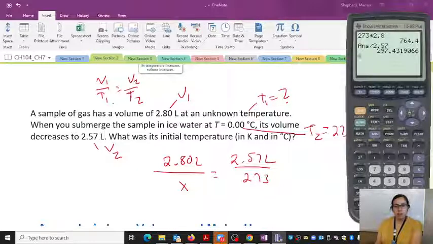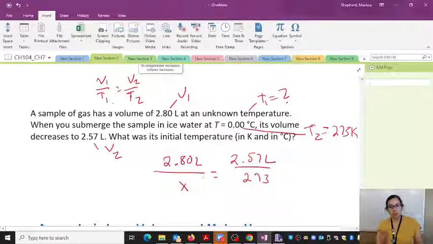So I get 297 Kelvin, and I see that in the chat. So what did other people get? You did 273 times 2.8. Yeah, so you do cross multiplication, 273 times 2.8, and then divided by 2.57 to get x.